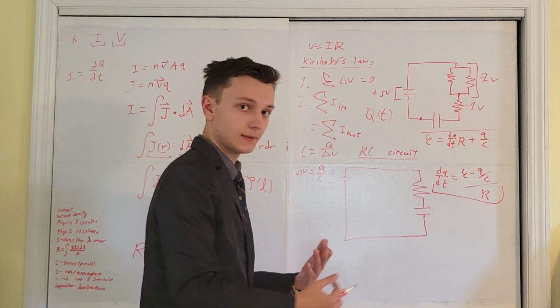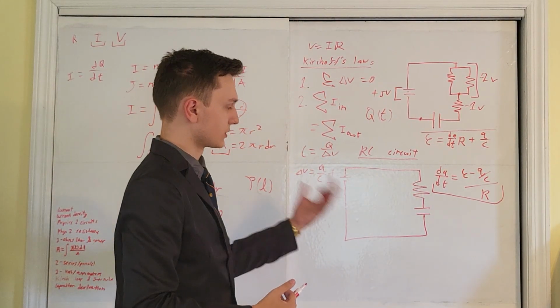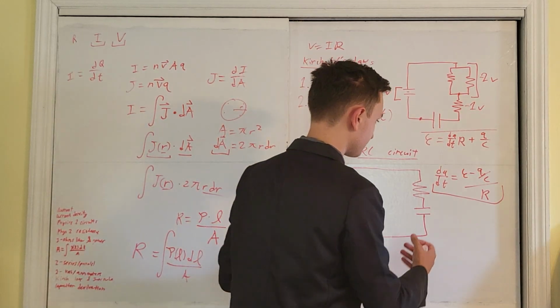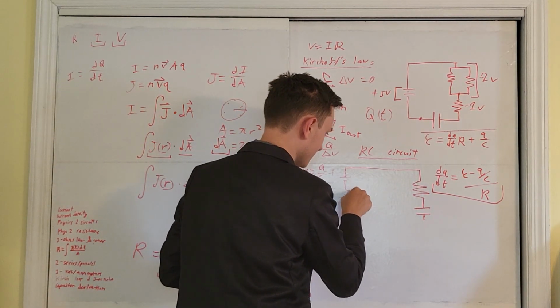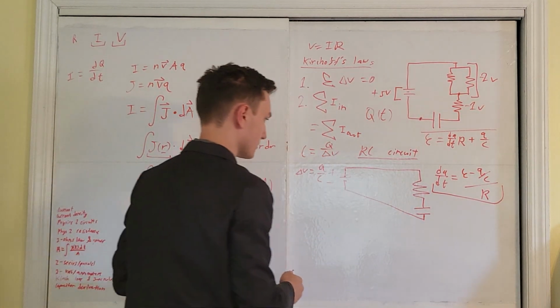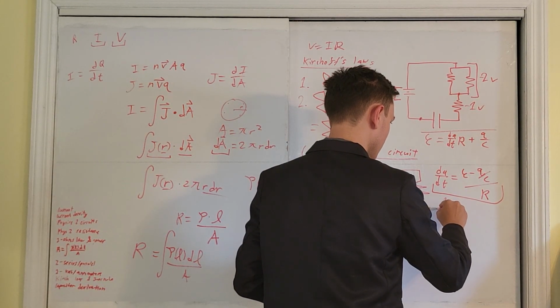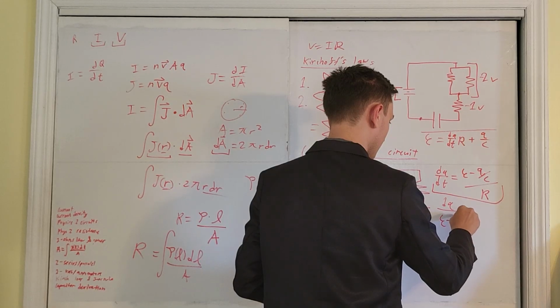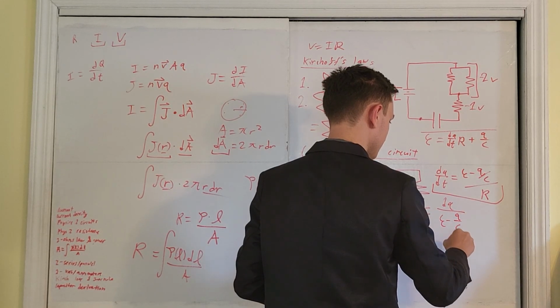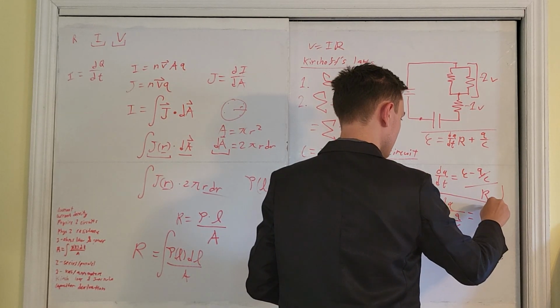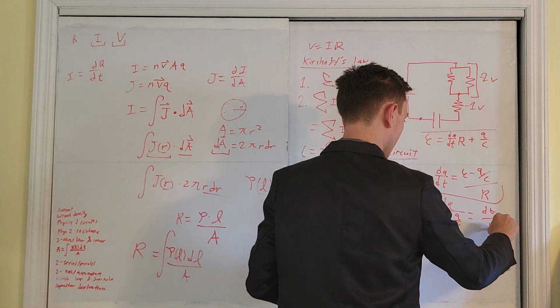So the next step in solving the differential equation is our separation of variables. Let me get this circuit out of the way so it's not clogging up my valuable whiteboard space. Okay, so dq over epsilon minus q over c equals dt over r.